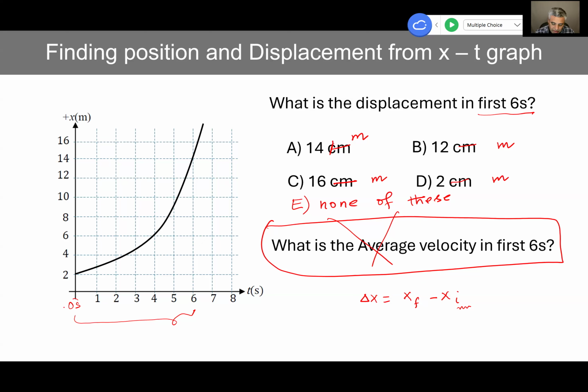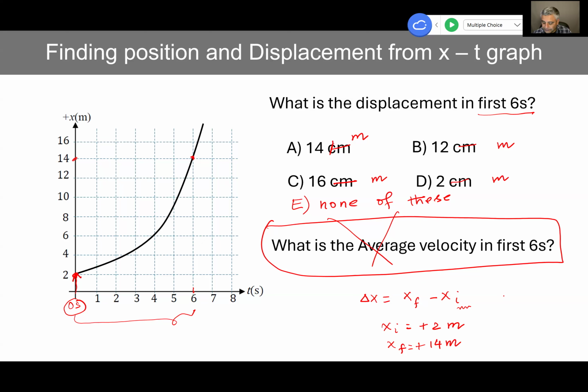At 0 seconds, what is the position reading? 2 meters. So xi is positive 2 meters. And how about xf? At 6 seconds, the reading is 14, so positive 14 meters.